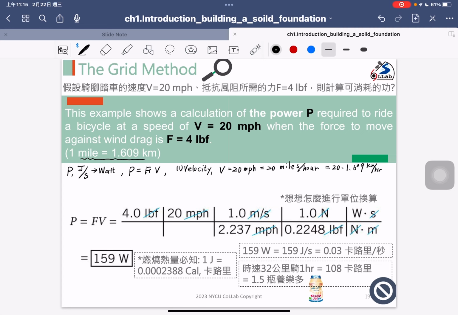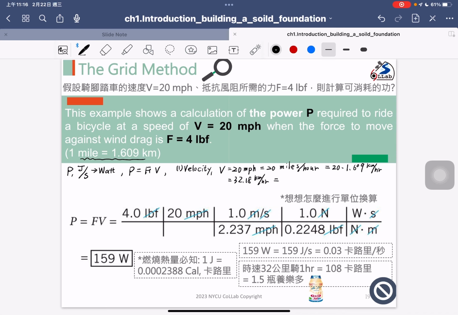Sometimes we call that 时速. Then we can use the calculator to compute the answer, and this will equal 32.18 kilometers per hour.